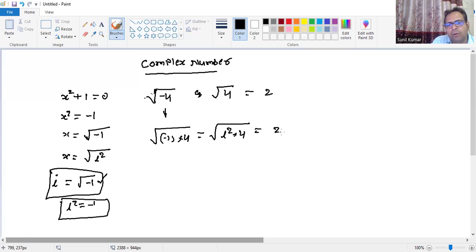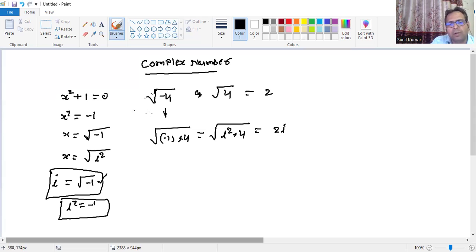That is equal to 2 into iota. So here i, the iota, is the complex number. We generally pronounce it as iota. So the concept came from this point.